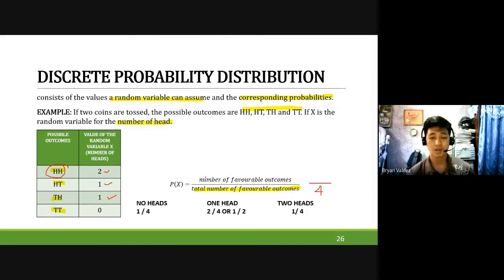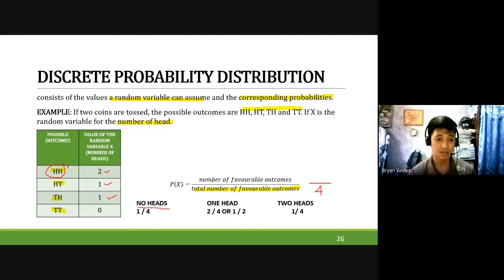Ayan. So, these are the chances or the probability na pag nag-toss ka ng coins, 2 coins specifically, ilan yung probability or ilan yung chance na ang lalabas na combination or possible outcome ay walang head. Okay?